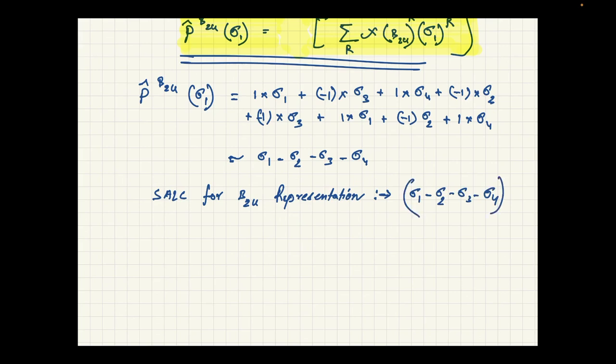Okay, this functional form. So like this, you can get any combination of these four, sigma 1, sigma 2, sigma 3, sigma 4, to form a molecular orbital for any irreducible representation. Using the projection operator, you can get the functional form easily.